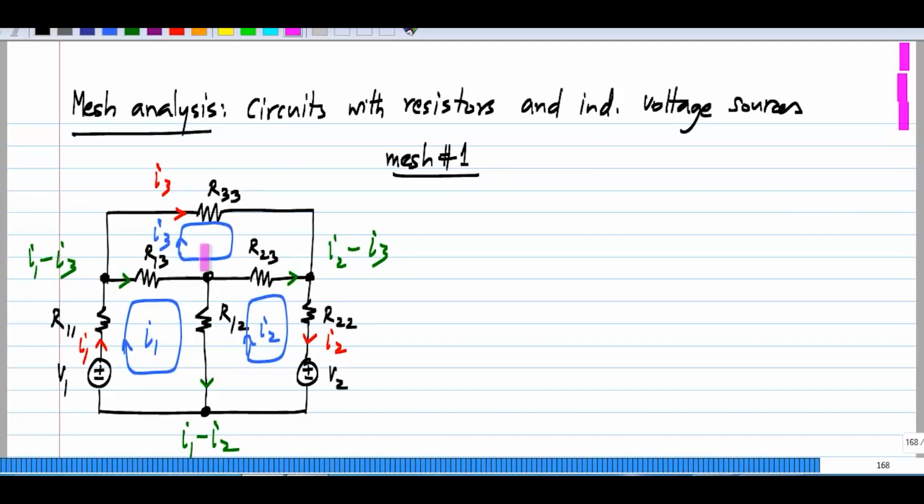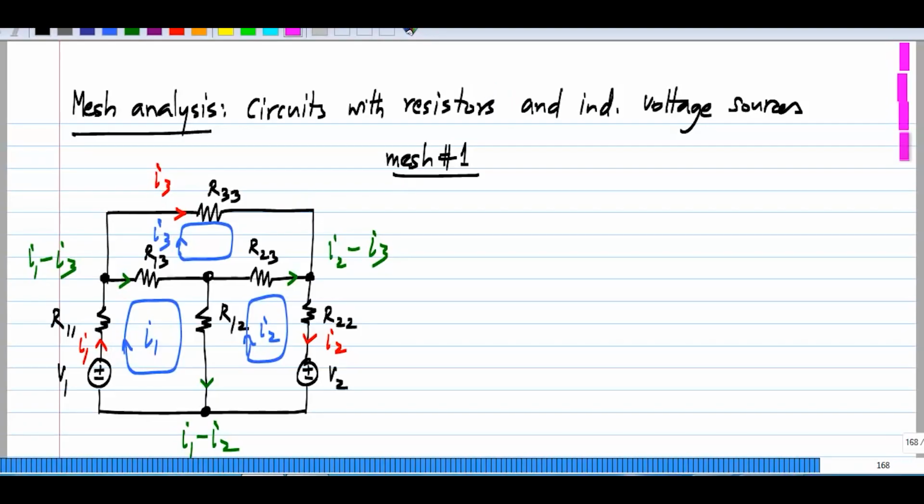Let's say I go in the same direction as the mesh current, that is, the clockwise direction, and I will write the voltage drops across all resistances to be equal to the voltage rise across the voltage source in the loop. This is the way I choose to write it.